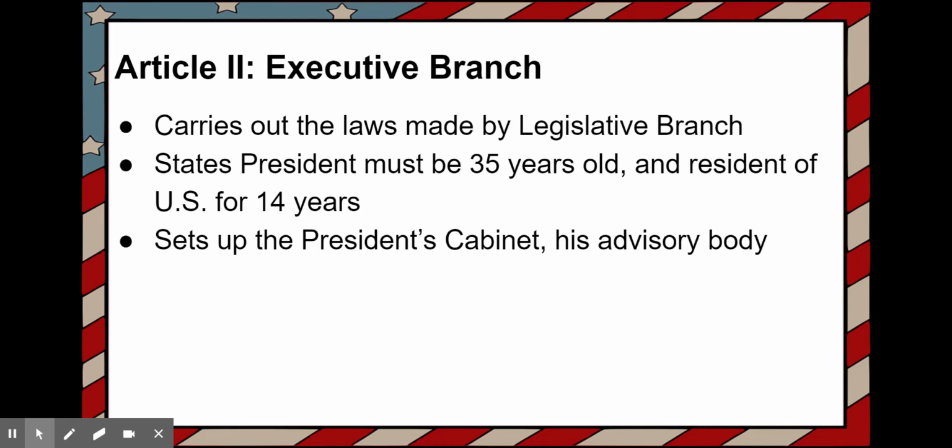Okay, so it says in the second article that to be the president, you have to be at least 35 years old, resident of the United States for at least 14 years, and born in the United States. Okay, so those are the requirements to be president. It also sets up the president's cabinet, which is his advisory body, which means he fills his cabinet with people that can advise him on different situations that he may not have a lot of information on, or know much about.